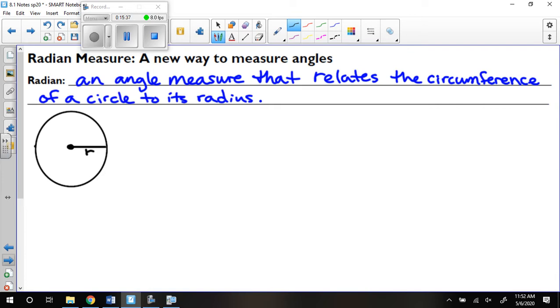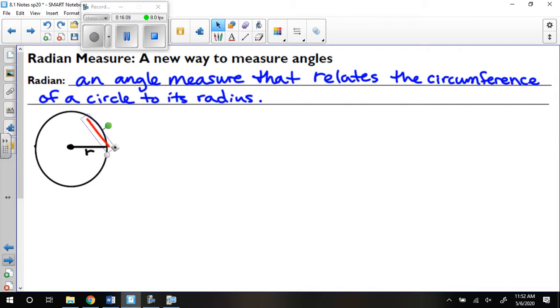Let me see if I can use my smart board to show you what a radian actually is. If I take this radius length and move it out here, rotate it a little bit, I'm going to put this radius length around the edge of my circle.